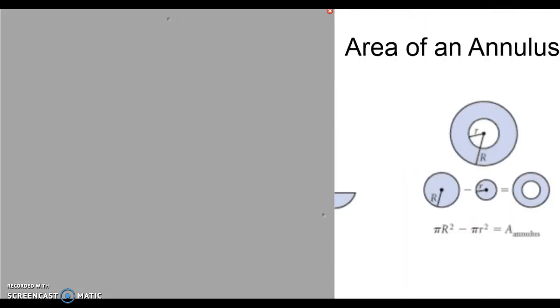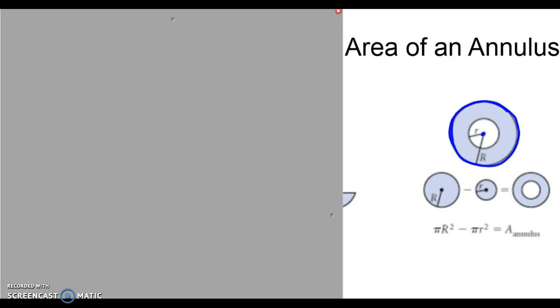Okay, and last but not least, the area of an annulus. I think the area of an annulus might be the easiest one for some of you to understand. We're first going to find the area of this entire circle, everything, using this big radius. Notice here we use a capital R to show that it's the bigger one.